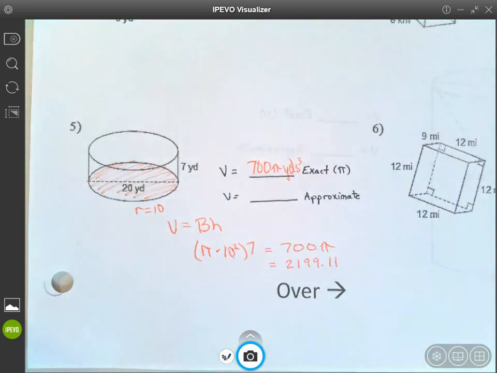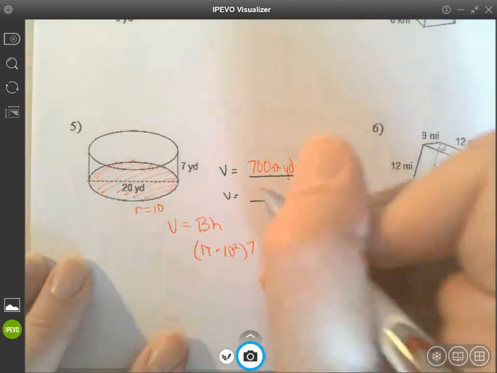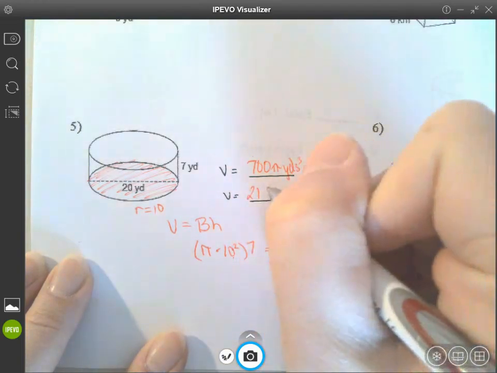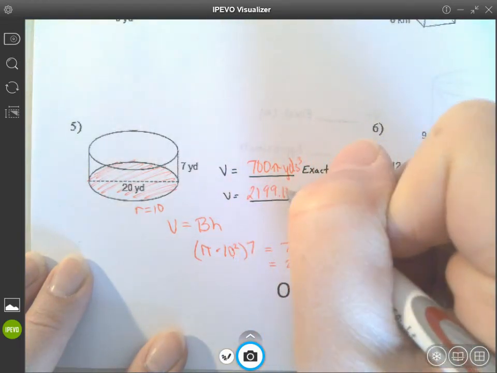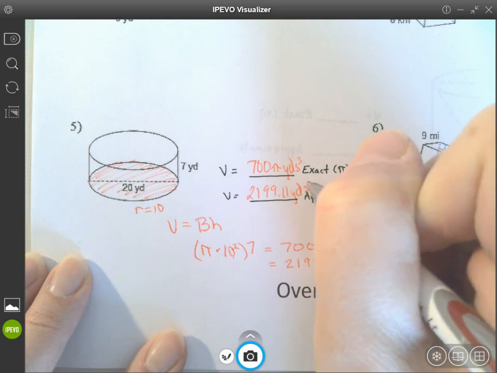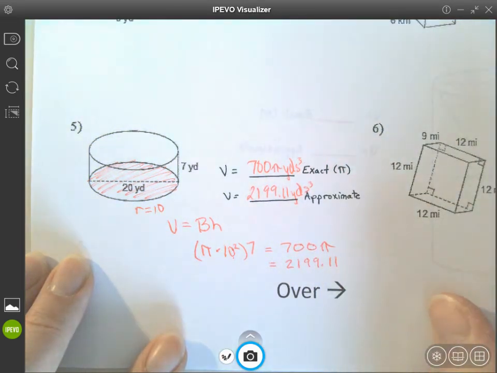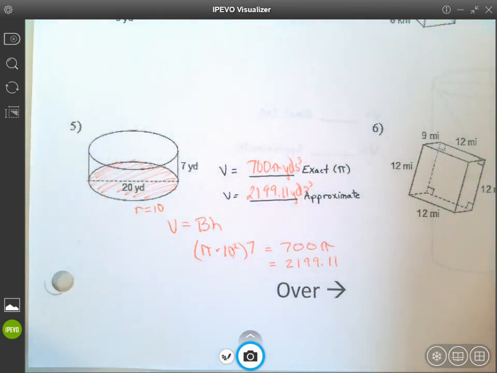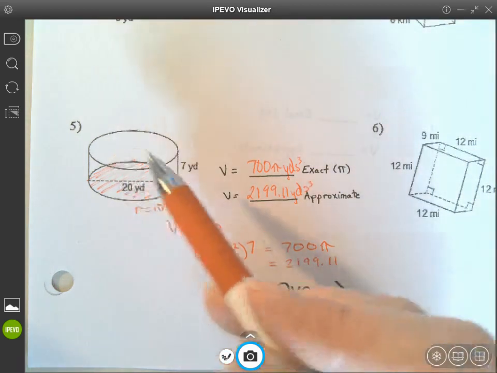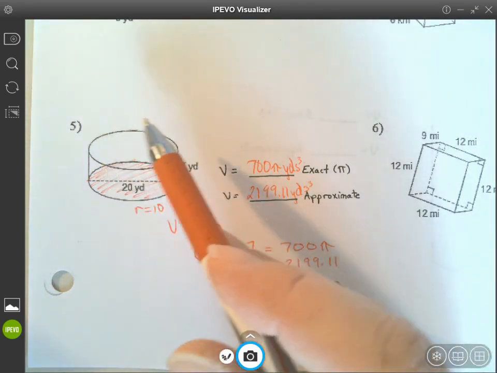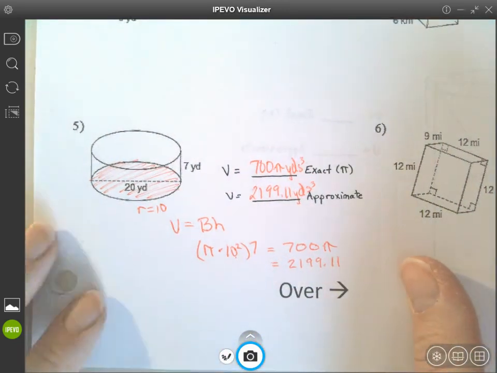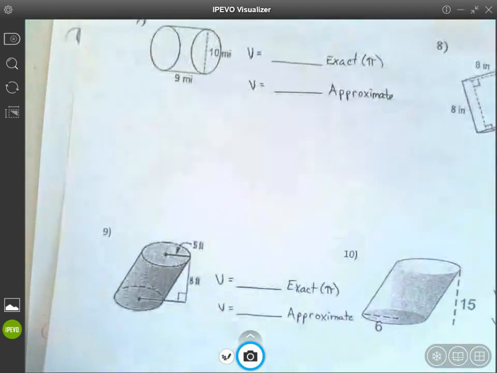You didn't sound very confident, though. Okay, so 2,199.11 yards cubed. Again, I really do think that volume is easier to find than surface area. For surface area, you had to do both circles. You had to find the circumference to wrap the rectangle around here. That was a lot.